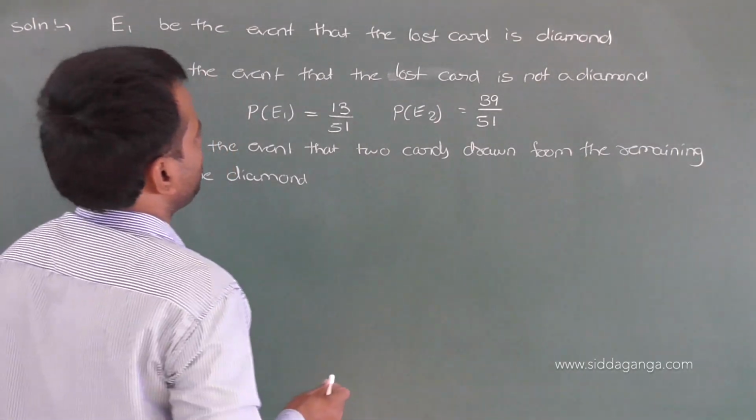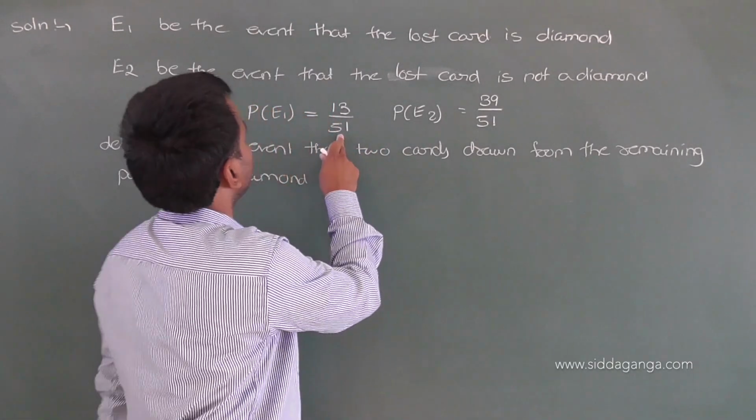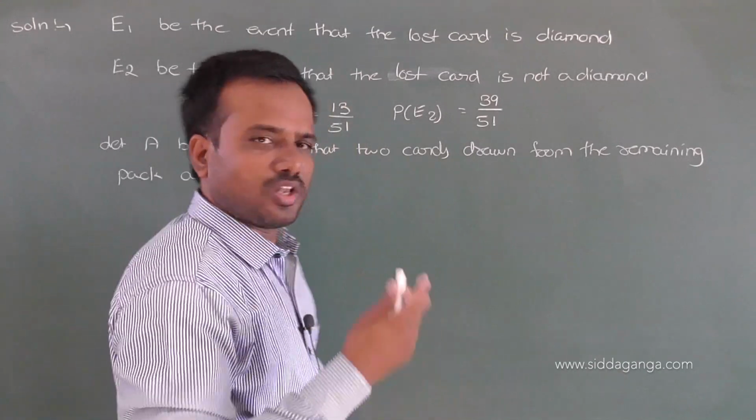So P of E1, a lost card is, because why I write 51? One of the cards is lost.